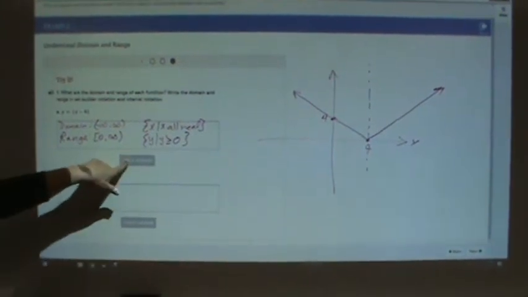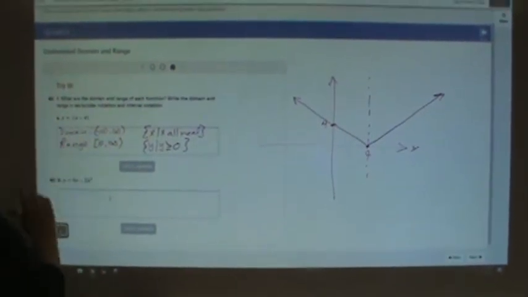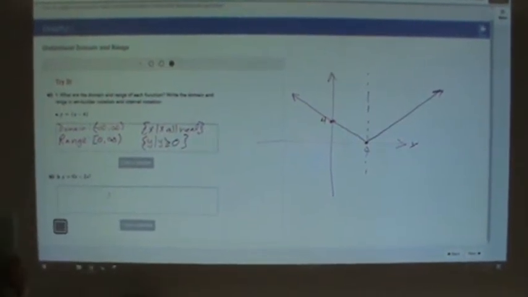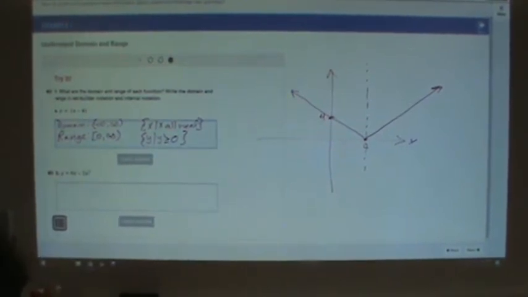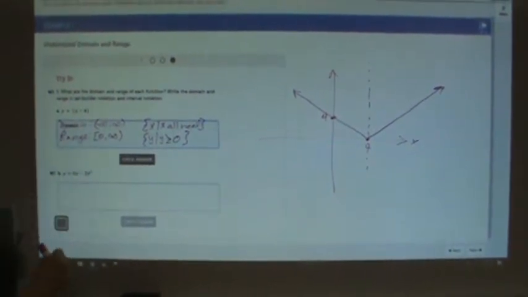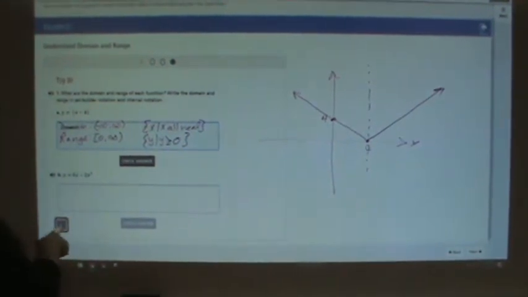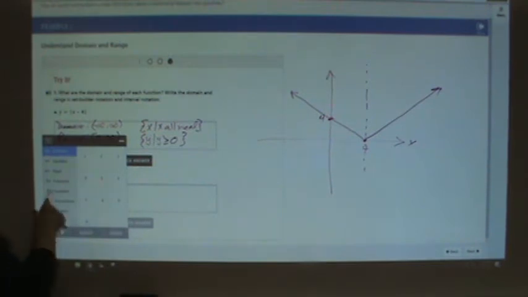Then the next thing you do is check your answer. So, can you put this in there? Domain. Okay, colon, open parenthesis, negative. Okay, come down here. Try this one.